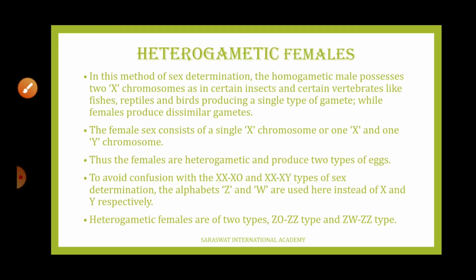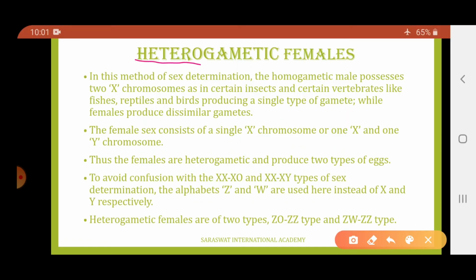Now, students, opposite to that is the heterogametic females. So, what do you mean by heterogametic females? It means the female will produce the dissimilar gametes and the males will produce the similar gametes.